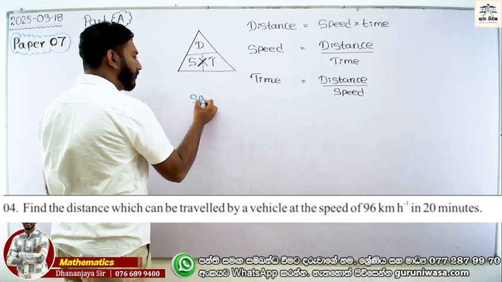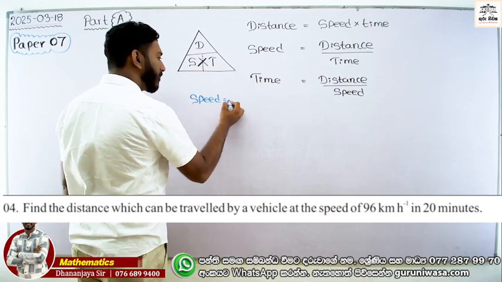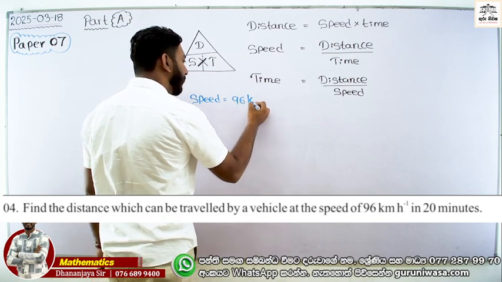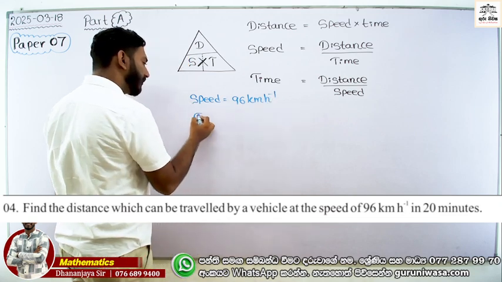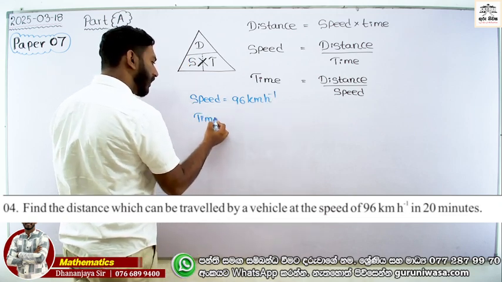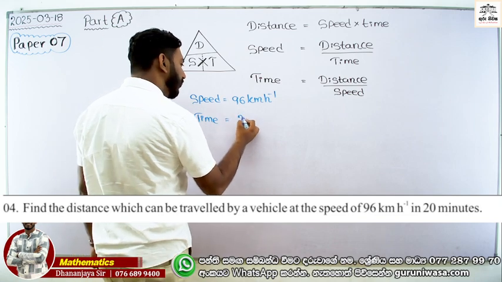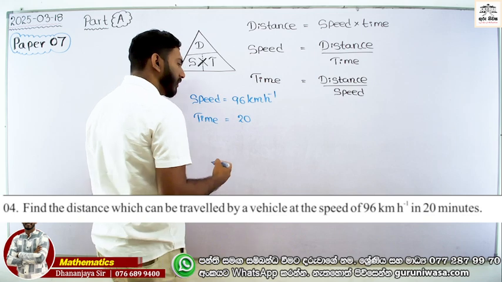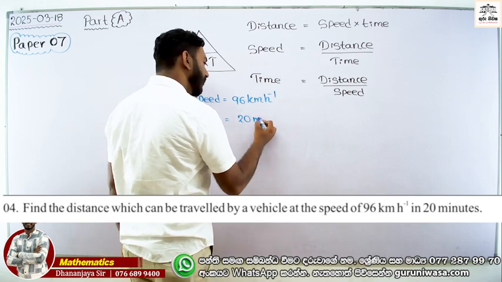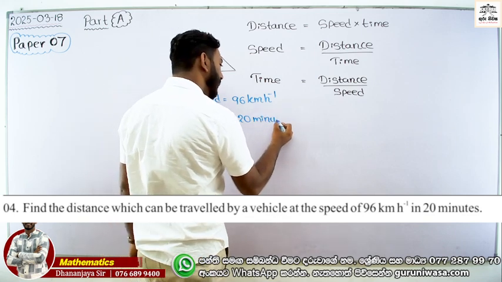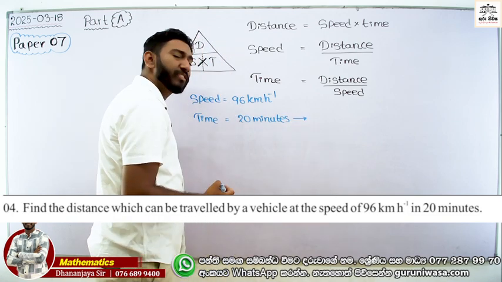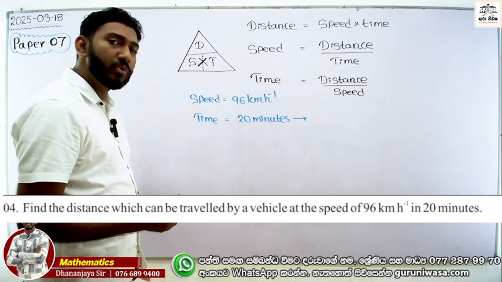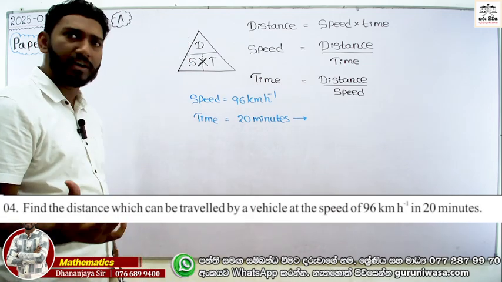We know speed equals 96 kilometers per hour. But look at the time. Time equals 20 minutes. Therefore, we have to change 20 minutes into hours. How to change to hours? We know 60 minutes equals 1 hour.